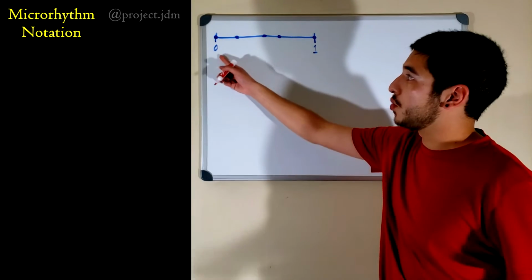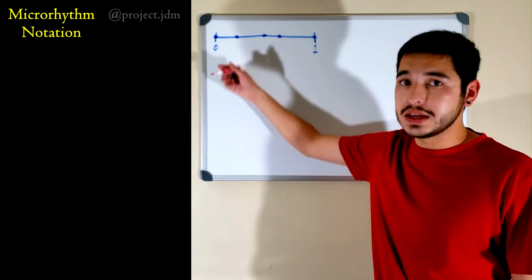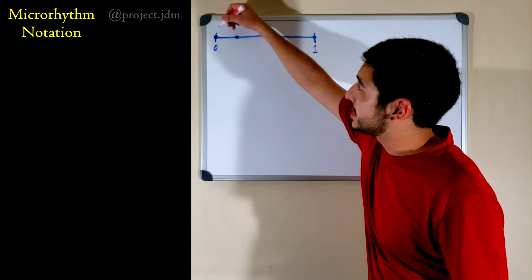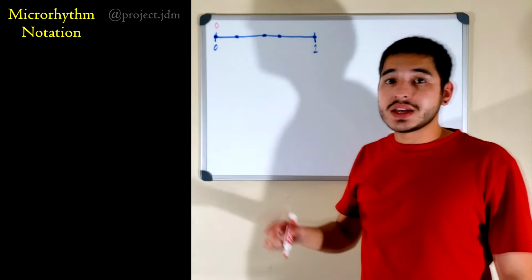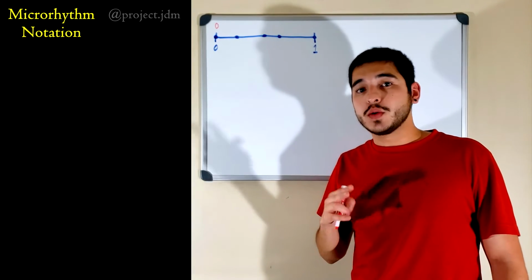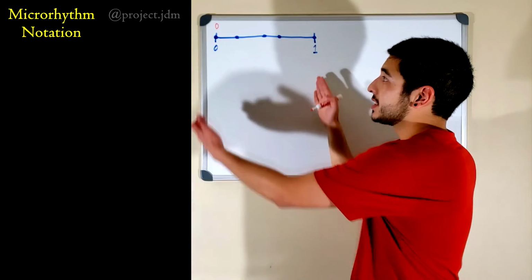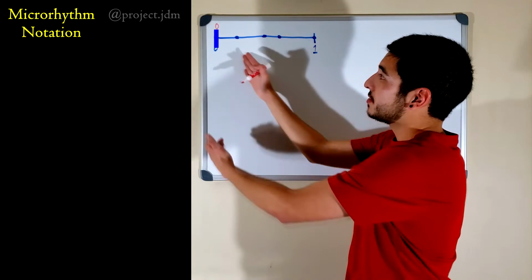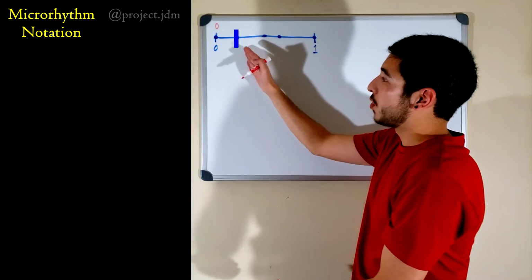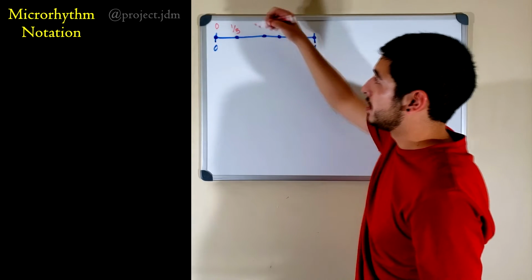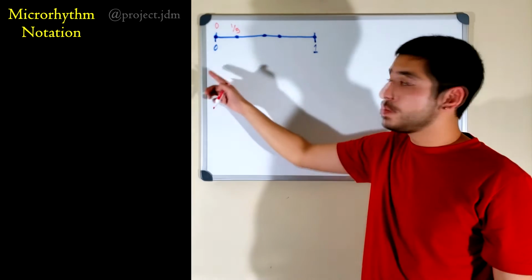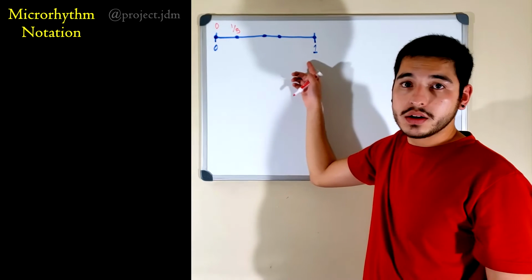So for this first note, we're told it's at 0, at the beginning of the beat. So we're going to put a timestamp of 0. For the second note, we said it's the second partial of a quintuplet. So we want to take the space, cut it into 5, and then we moved over 1 piece. So we moved 1/5. For the third note, we took the midpoint between 0 and 1.